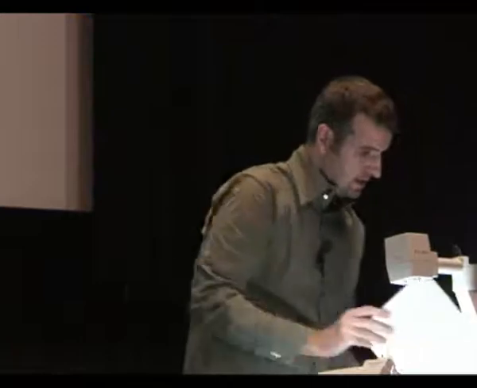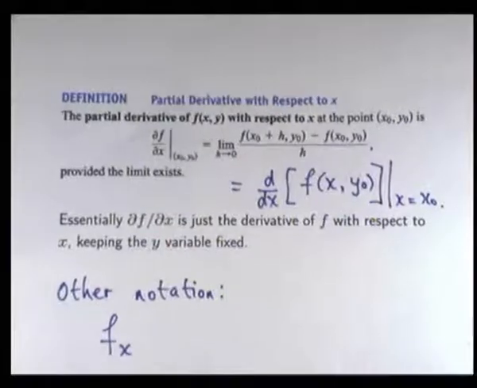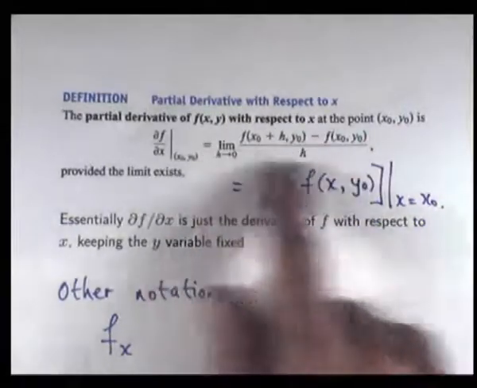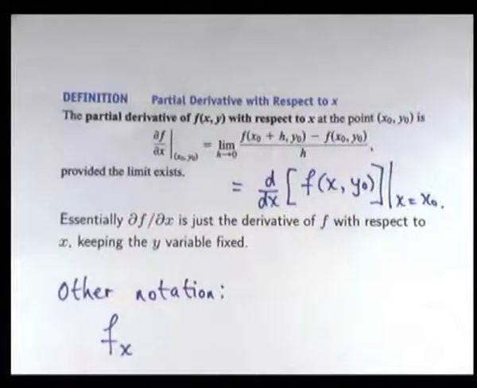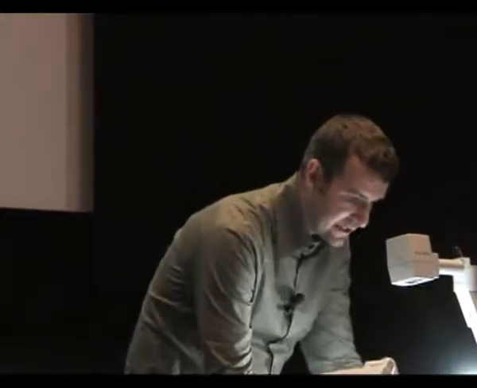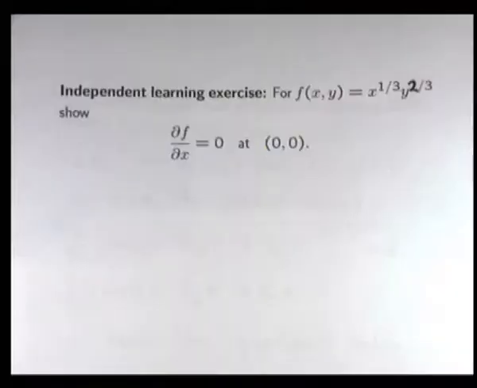Okay, now notice that we haven't actually used the definition of what a partial derivative is. We haven't used the limit definition yet. Okay, but the following independent learning exercise is an interesting case.